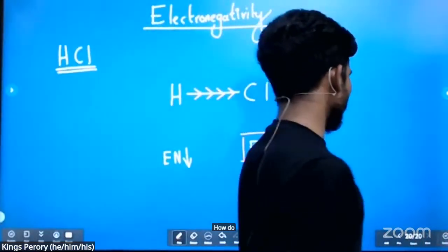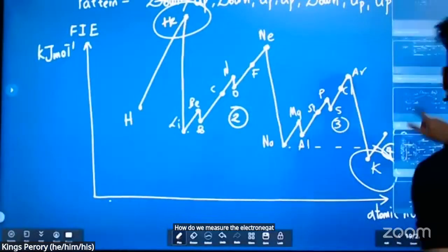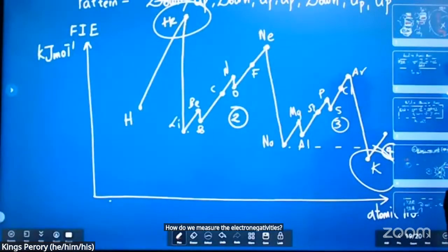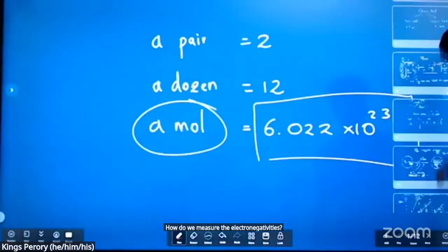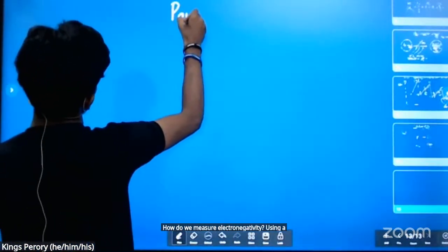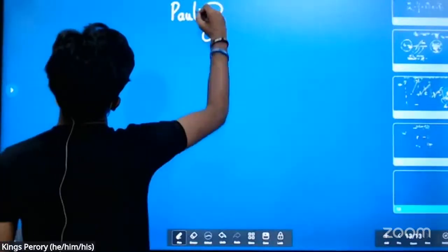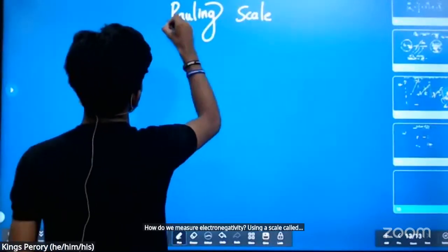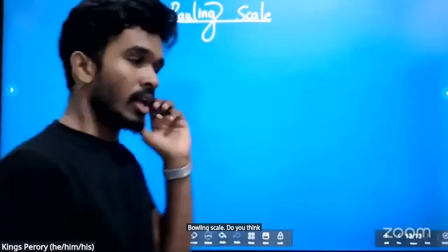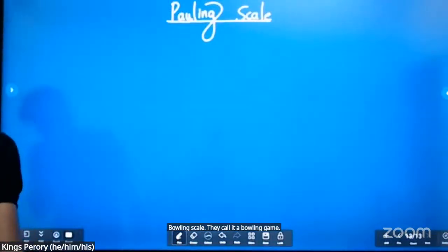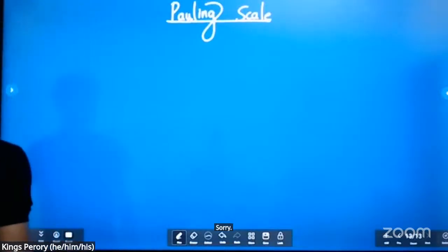How do we measure electronegativity? Using a scale called the Pauling scale.